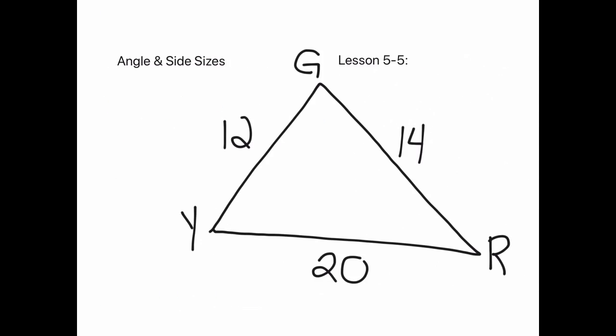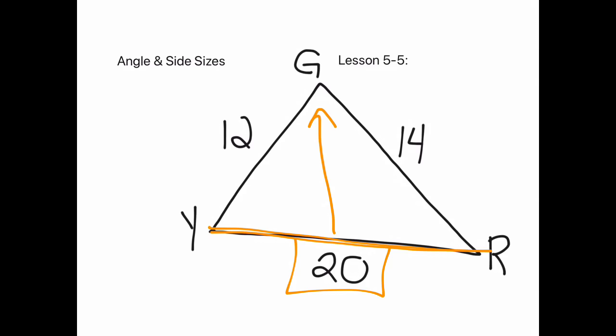So the next thing we learn is about angles and side sizes in triangles. What you need to know about this is that just like you can use the sides to show which one is the longest or the shortest, the same holds true for the angles. So if you notice here, we have YR being the longest side at 20. And what you'll find is that the angle that's across from the longest side is actually the largest angle.